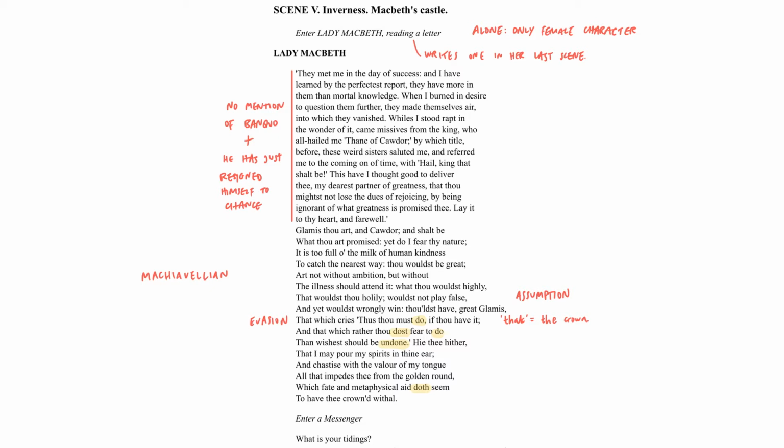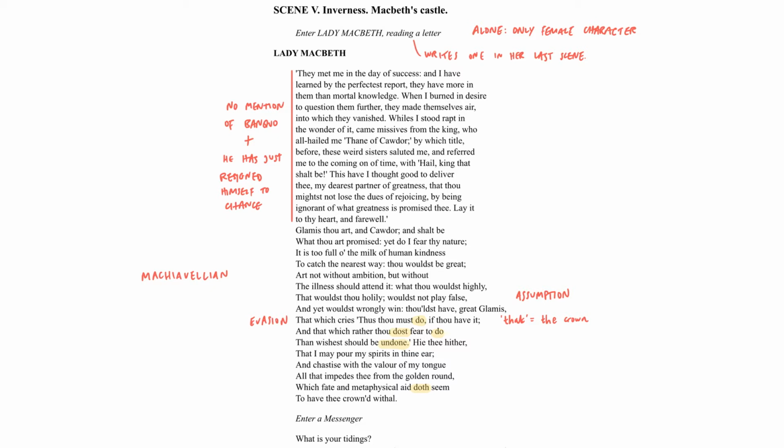And the image of pouring spirits in the ear of Macbeth is a powerful one. And in fact, you can take it back a level and think about how the letter has poured spirits in hers. So we had the great point earlier about how there's a dynamic between them. He is withholding some things and inflaming her passions, her desires, in order to get her to respond to him.